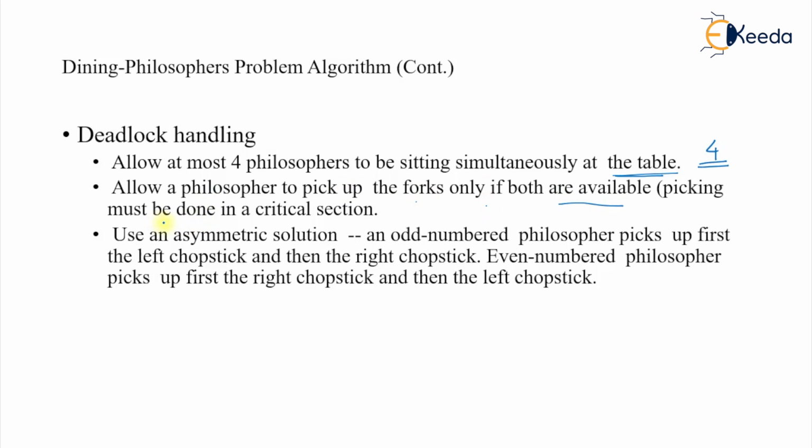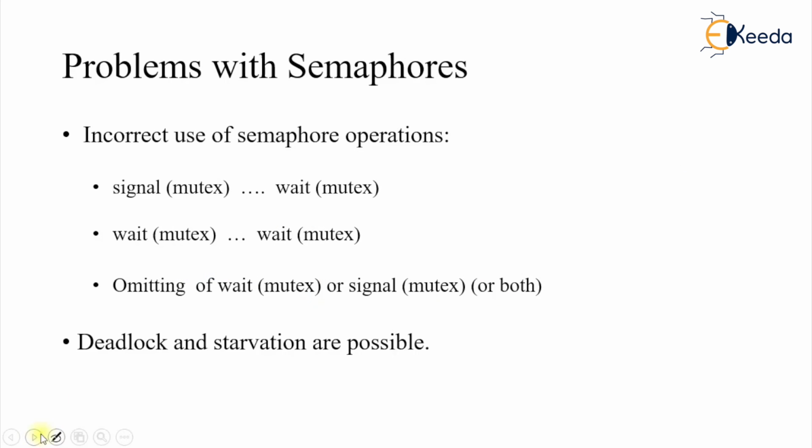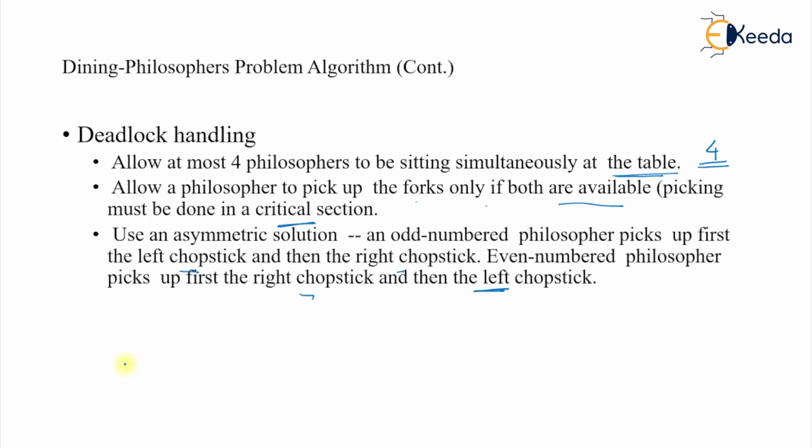Picking up must be done in a critical section, so lock both of them simultaneously, otherwise no. Or use an asymmetric solution: an odd-numbered philosopher will pick the left chopstick first and then the right, and an even-numbered philosopher will pick the right chopstick and then the left. These are some solutions proposed for the Dining Philosopher problem.